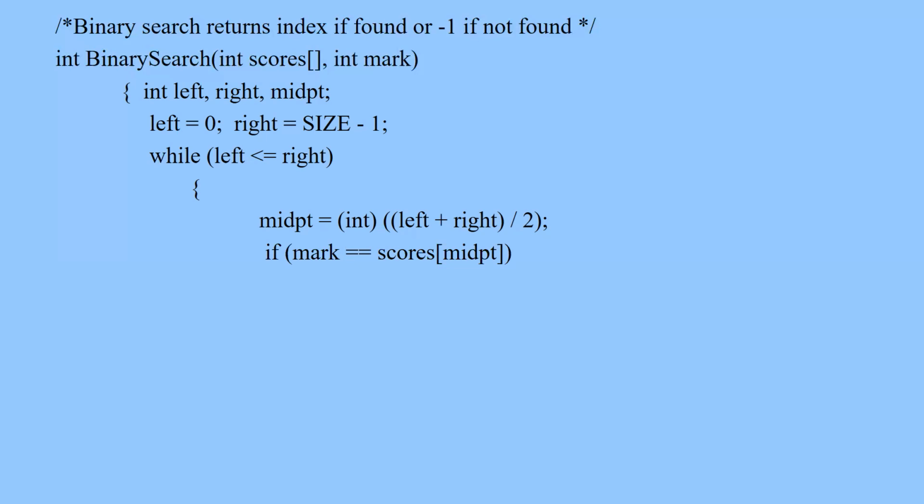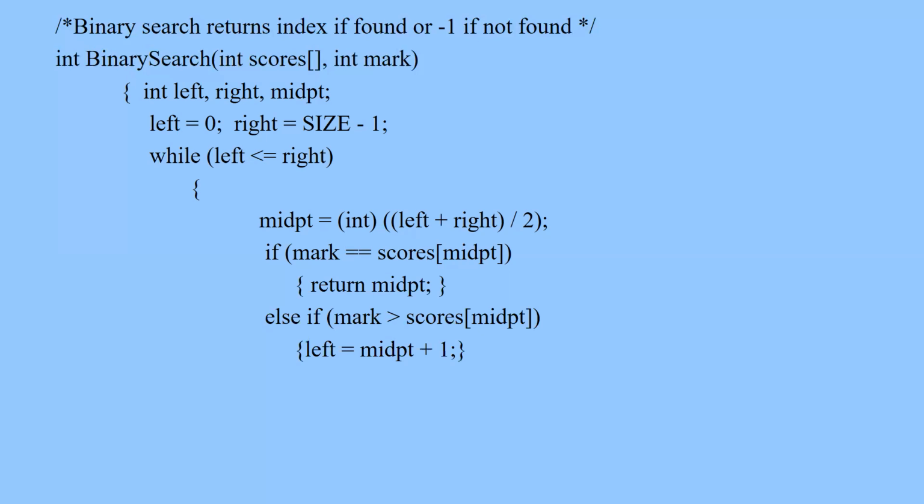So if the content of memory location record mark is equal to the content of memory location record scores midpoint, then return the content of memory location record midpoint. Otherwise, if the content of mark is greater than the content of scores midpoint, then pick what is in the memory location record midpoint, add 1 to it, and then store the result in the memory location record left.